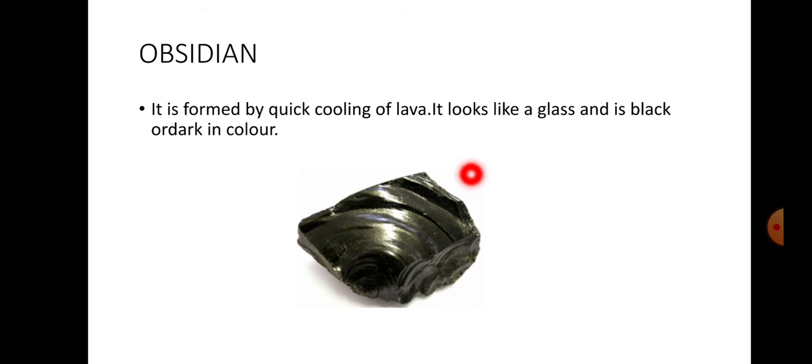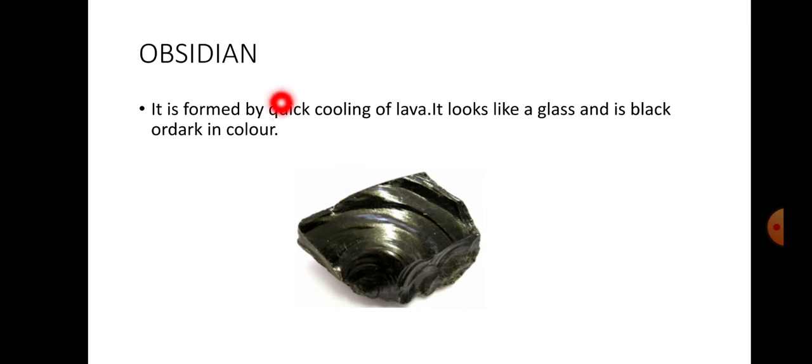And you also saw that pumice traps air. Some air is trapped between the layers of pumice, which you have observed now. Obsidian is formed by quick cooling of lava. It looks like glass, and is dark black in color, so shiny.